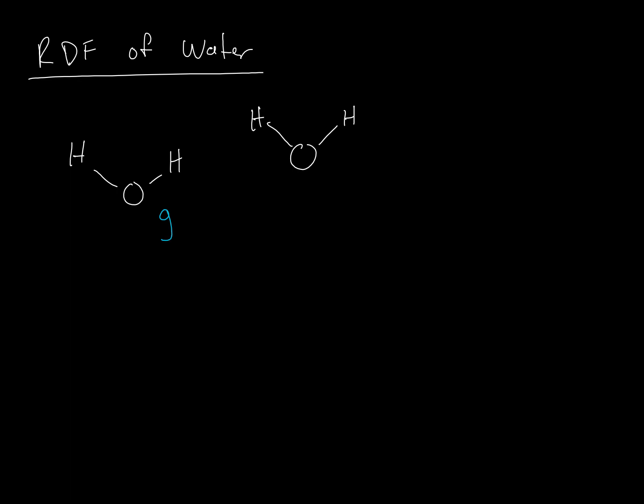We have g_OO(r), which tells us the likelihood of finding an oxygen a certain separation distance from another oxygen. We have g_HH: what is the likelihood of finding two hydrogens separated by a particular distance? And then, of course, we have g_OH, the pair correlation function for OH.